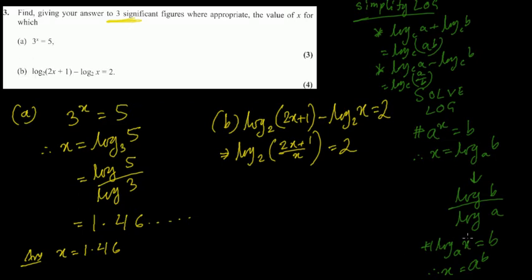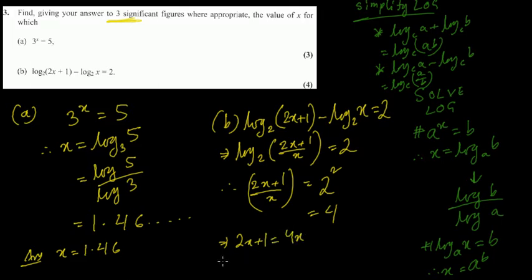So (2x plus 1) by x is equal to the base, which is 2, to the power of 2, so it would be 4. So we can write 2x plus 1 equals 4x, 1 equals 4x minus 2x, which is 2x, therefore x equals half, and that is the answer.